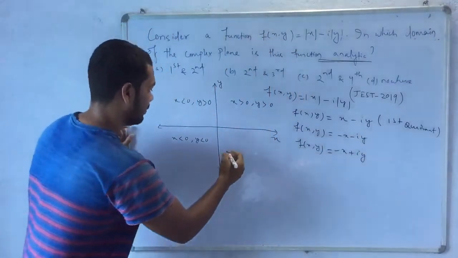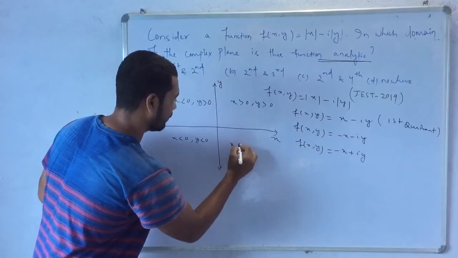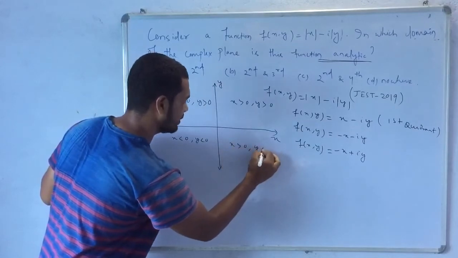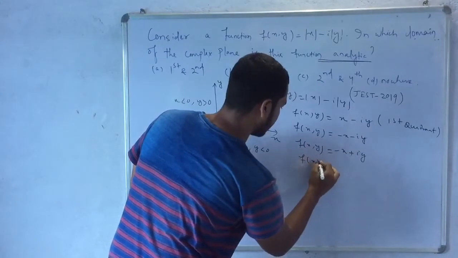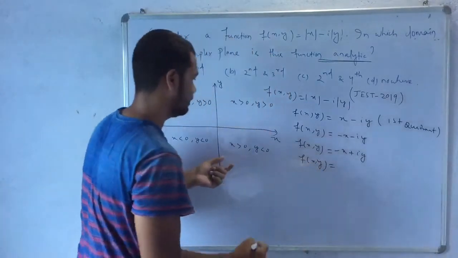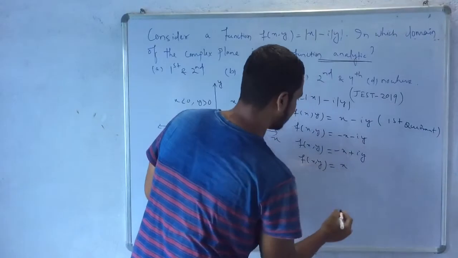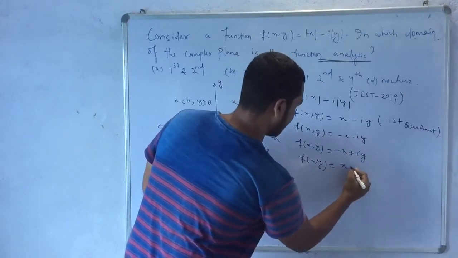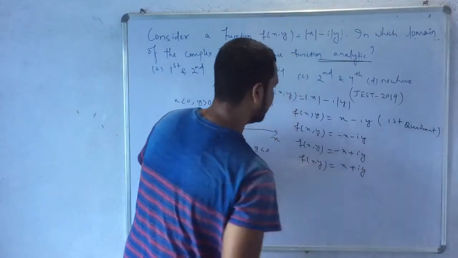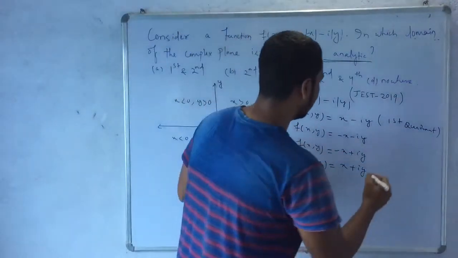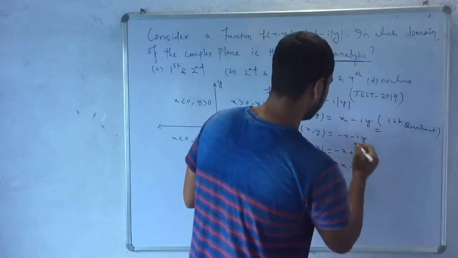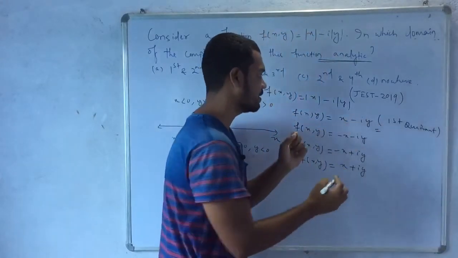And in the fourth quadrant, x is positive and y is negative, so the function will be f(x,y) equal to x plus iy.